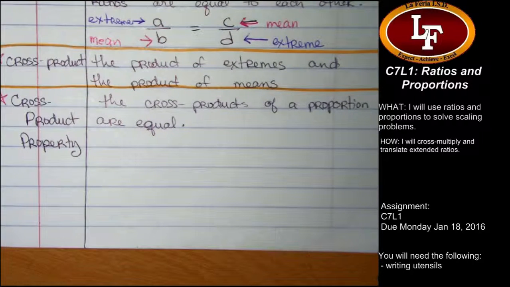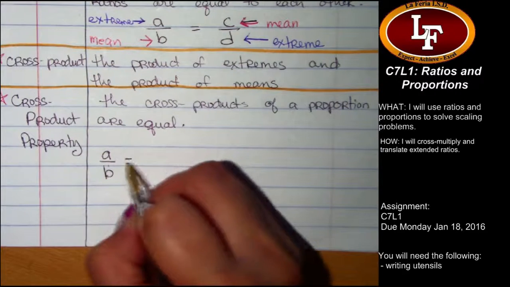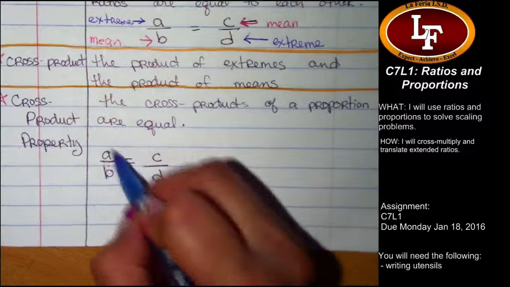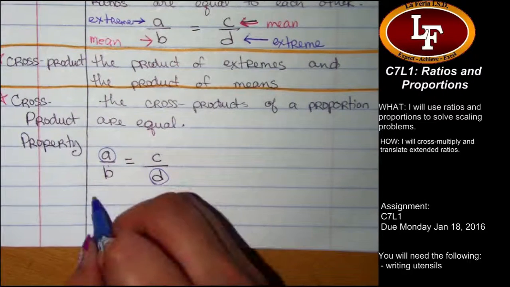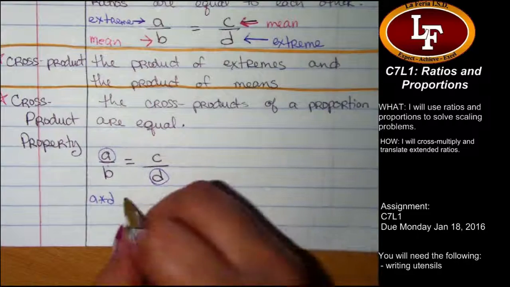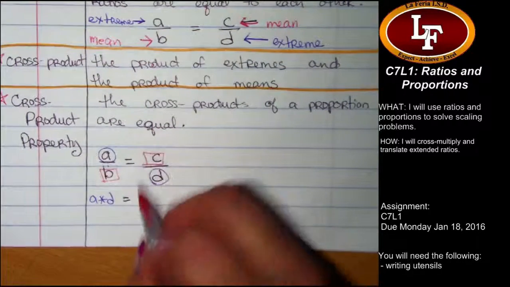In other words, if I have some equation that is a proportion and looks like this, then the cross product, which means the product of the extremes, is equal to the product of the means.